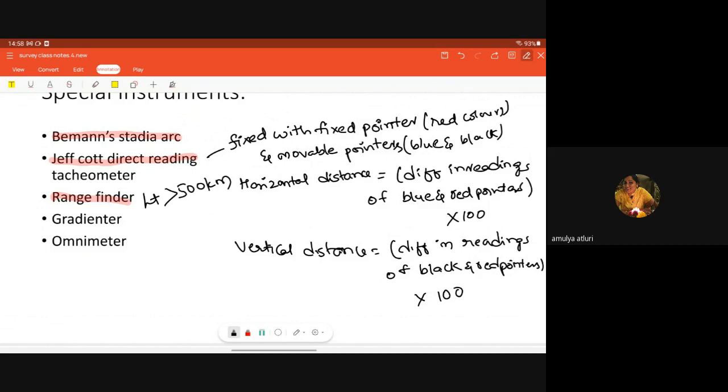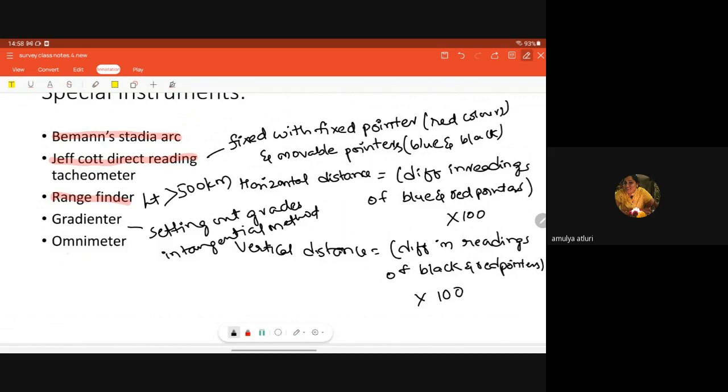Next, gradienter. It is used for setting out grades in tangential method of tachometry. Next, ohmnimeter.